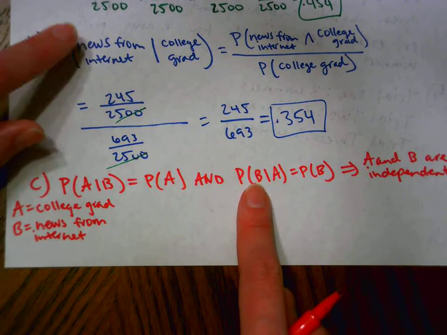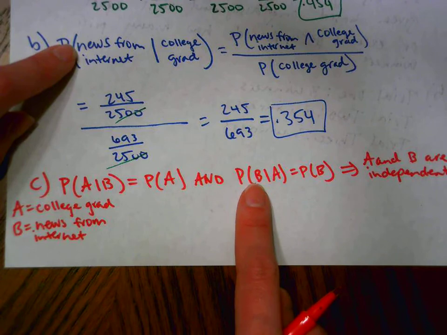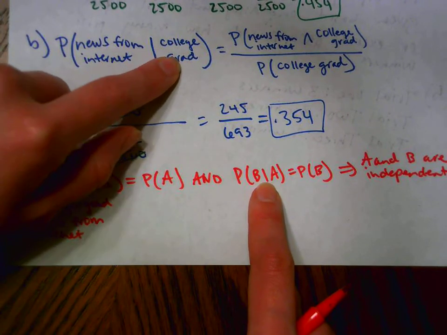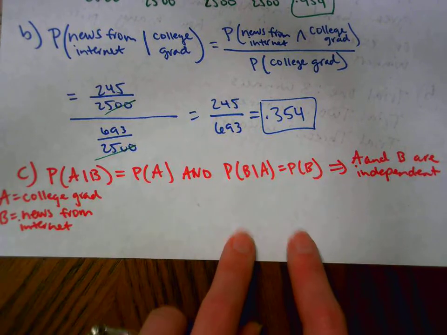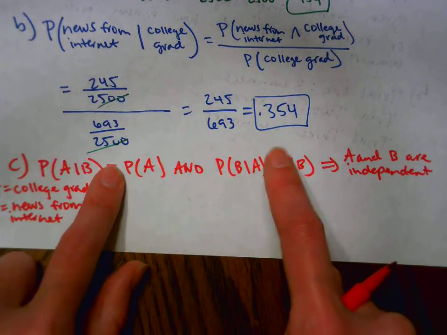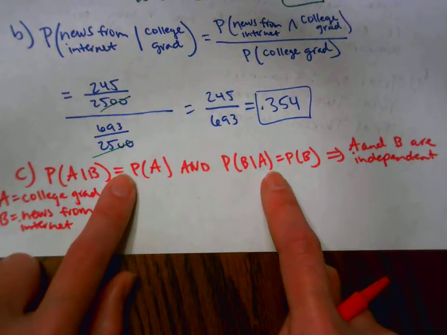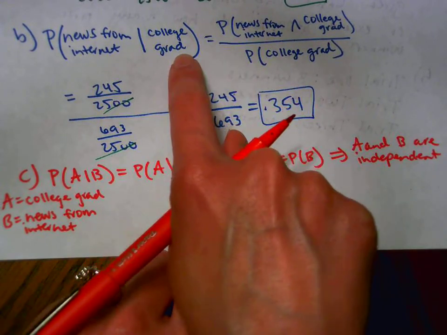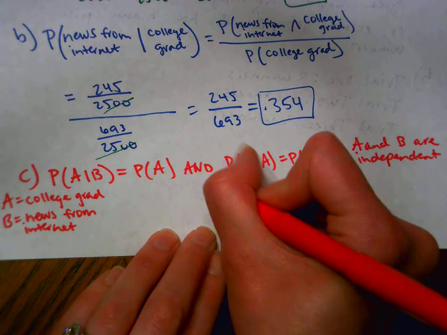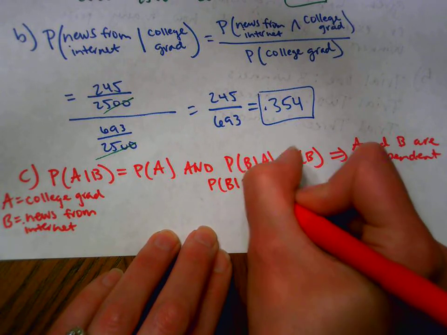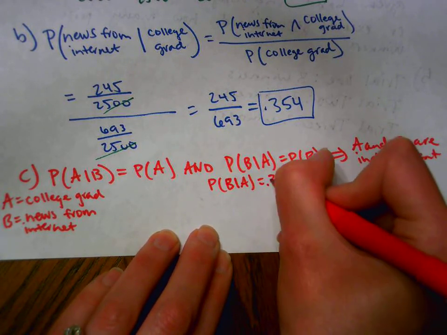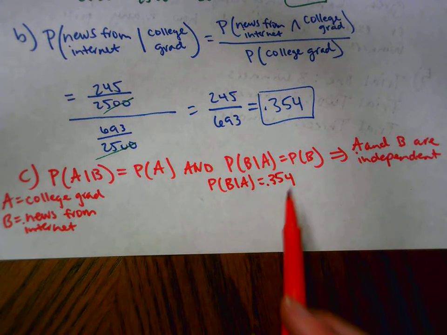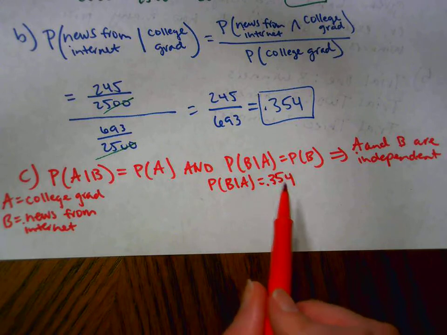Since I've already done the probability of getting your news from the internet given college grad, I'm going to focus on this formula instead of that one, because you can use either one, since technically you've got to prove both. So I'm going to come over here to show I'm doing this same thing. And we know that the probability of B given A equals 0.354. You don't have to re-show that. It shows that we know to use our answer above.